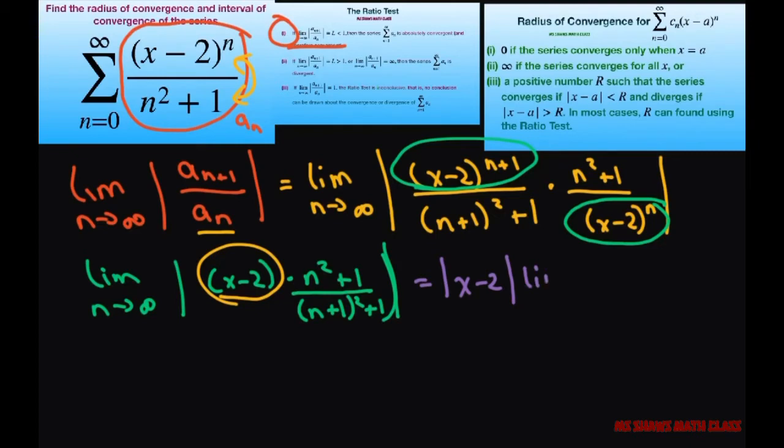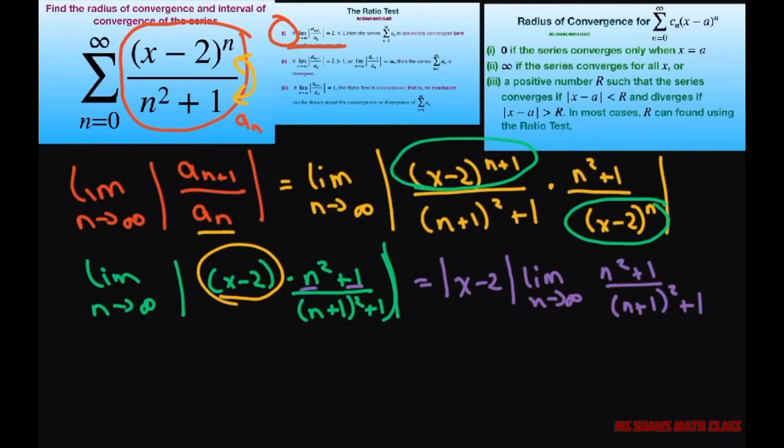times the limit as n approaches infinity. Divide each of these pieces by n squared, and when you do that, I'll just write it out as n squared plus 1 divided by (n plus 1) squared plus 1.